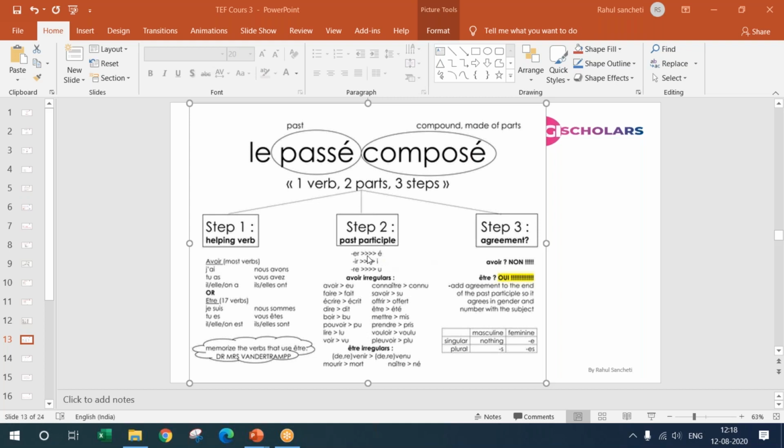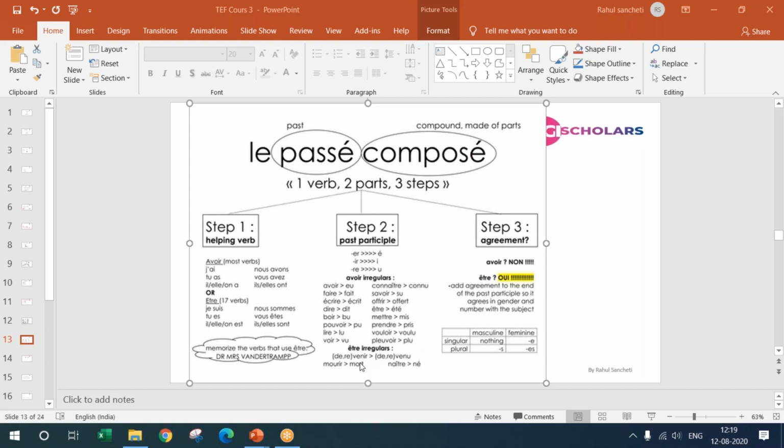Okay. And the second rule is the past participles. For ER it is é, for IR it is i, for RE it is u. We have seen this also. But there are certain exceptions. So they have listed the most common exceptions. They have not listed all the exceptions, but the most common.